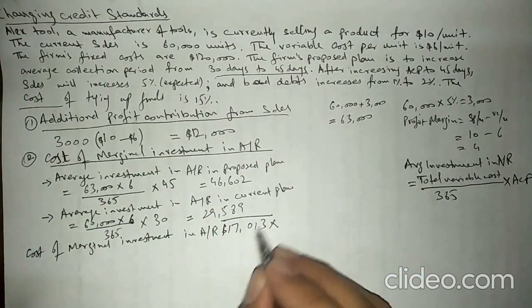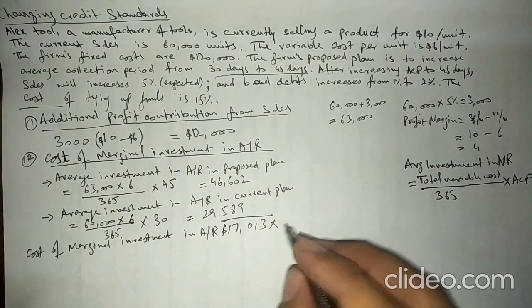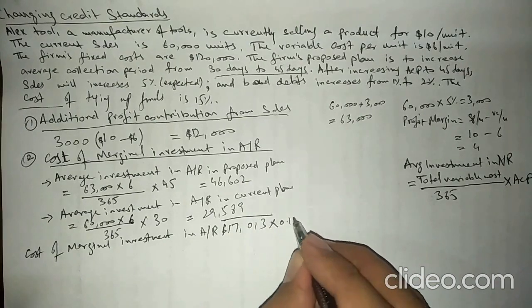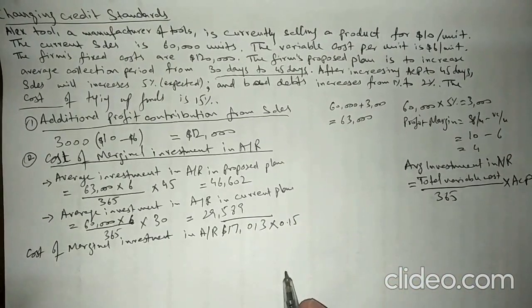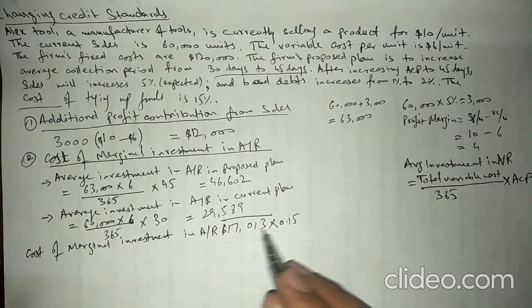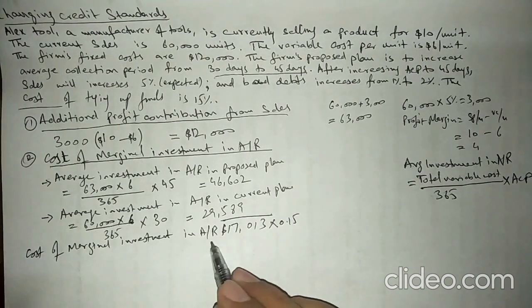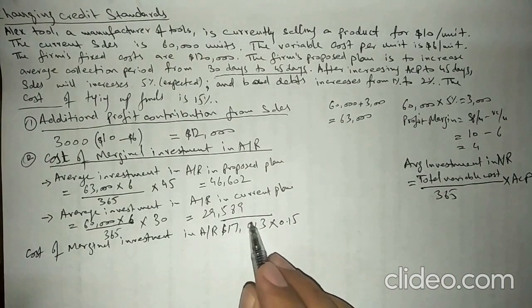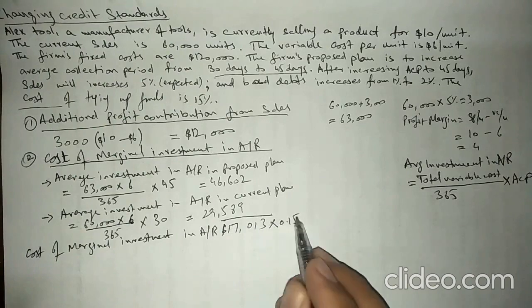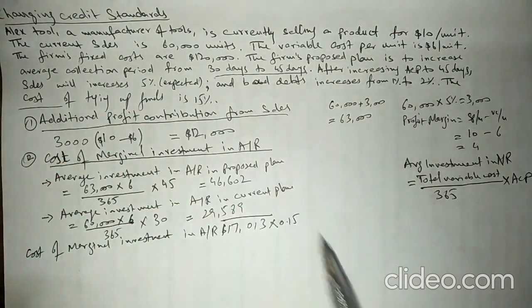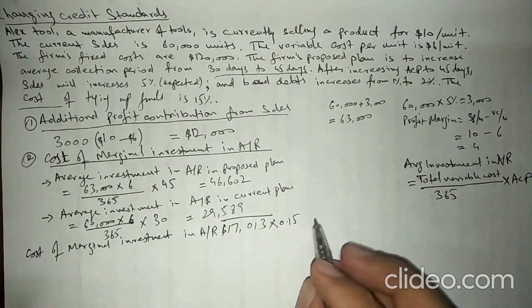If you borrow this much additional amount from the bank, then the bank will charge us a 15% interest, and that's how we can calculate a cost of marginal investment in accounts receivable by multiplying marginal investment in accounts receivable by cost of tying up fund in accounts receivable.